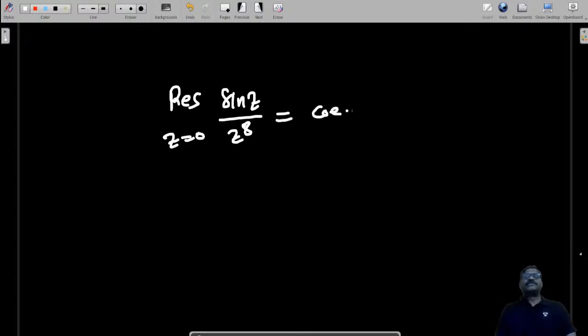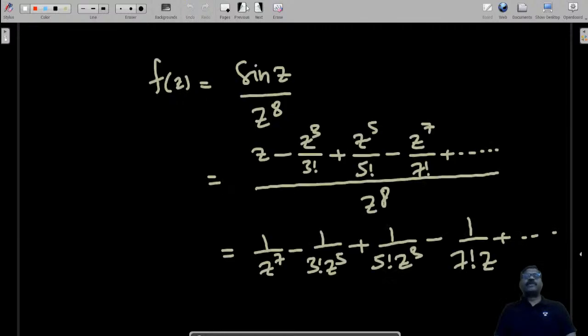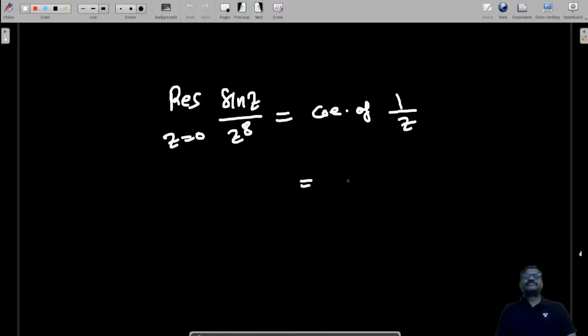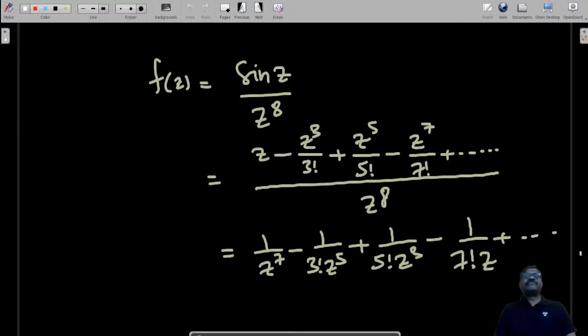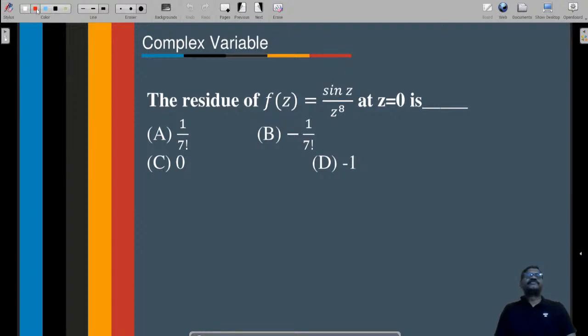Now the residue of sin z by z power 8 at z equal to 0 is the coefficient of 1 by z, that is minus 1 by 7 factorial. That's why the correct answer is minus 1 by 7 factorial.